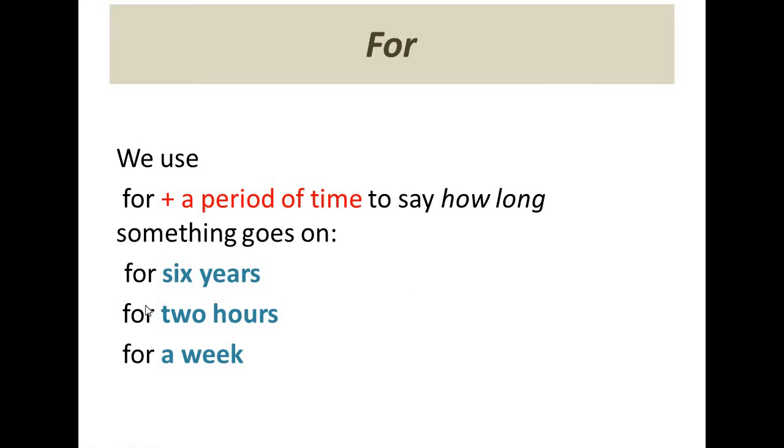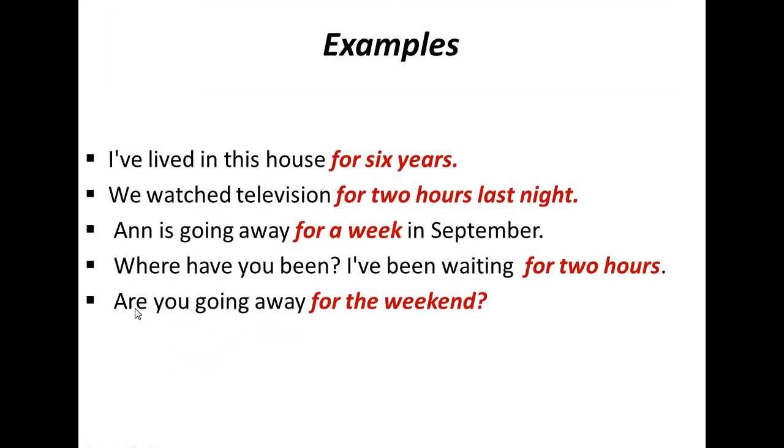Okay, so let's see some examples to explain more. Here we have, I have lived in this house for 6 years. So how long? 6 years. I lived in this house. How long? 6 years. So I have lived in this house for 6 years.